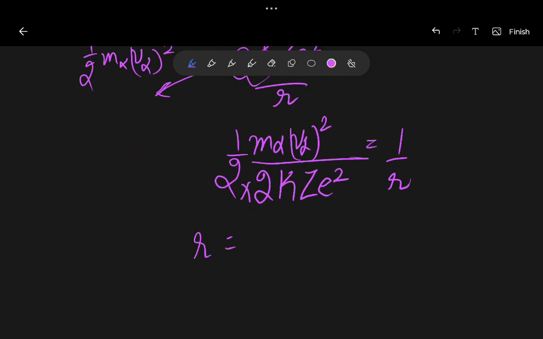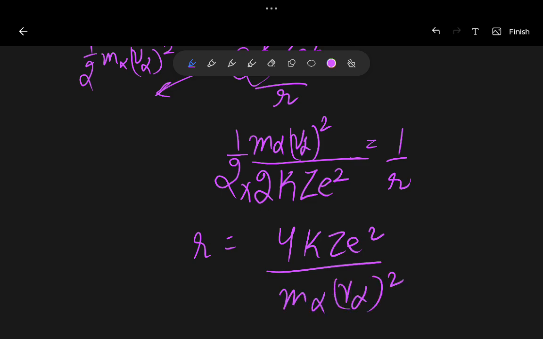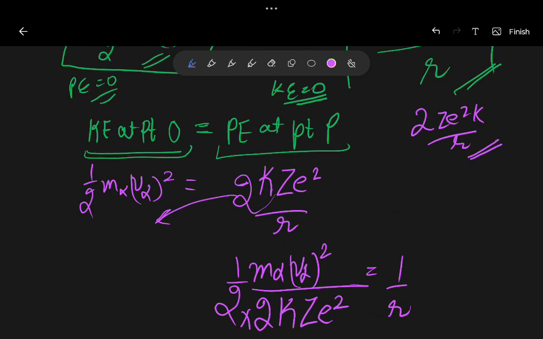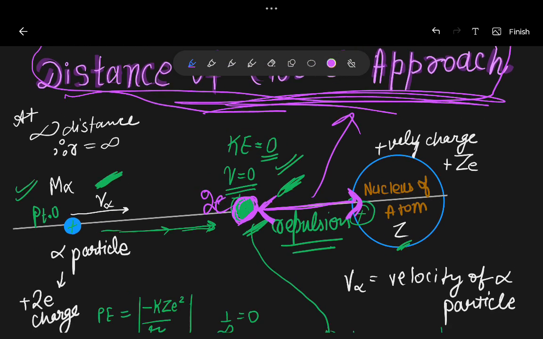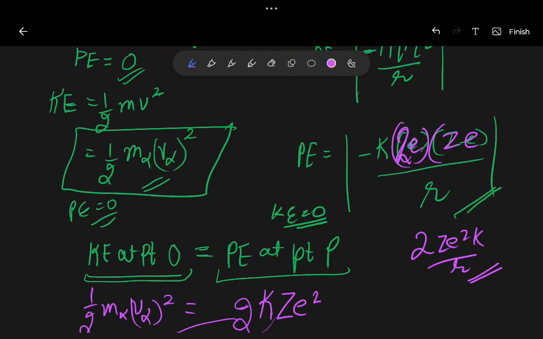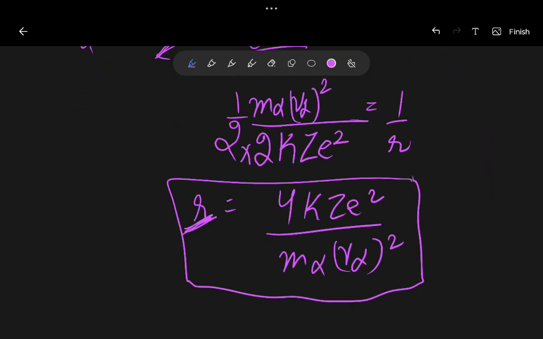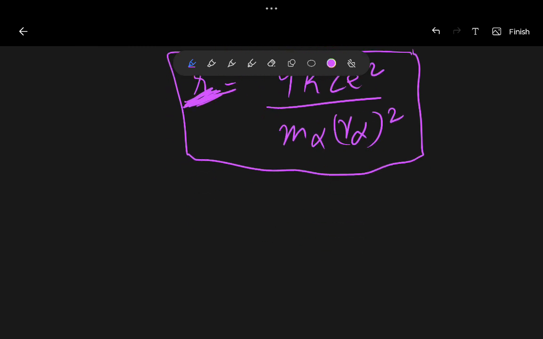So now r, that is radius, would be 4kze square upon m alpha v alpha square. So this is the formula for this topic. This concept just consisted of the derivation of this formula, the distance of closest approach. This is that distance we were talking about.